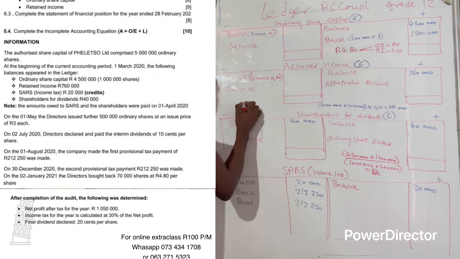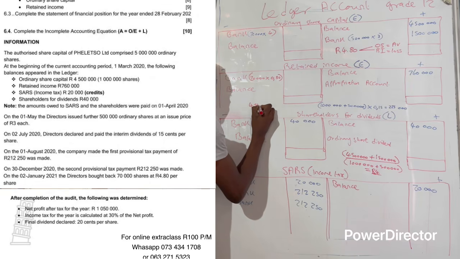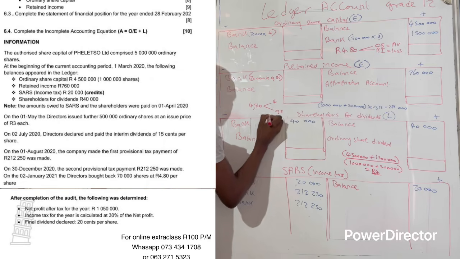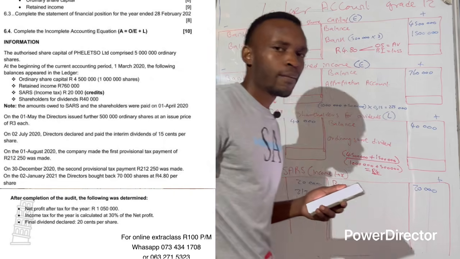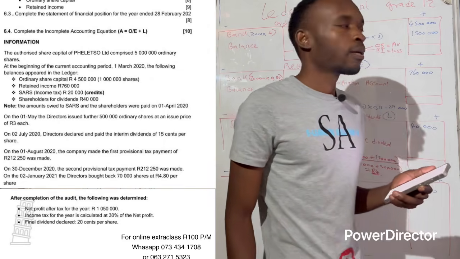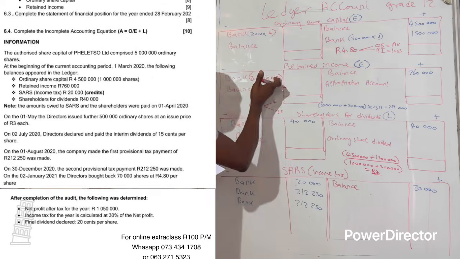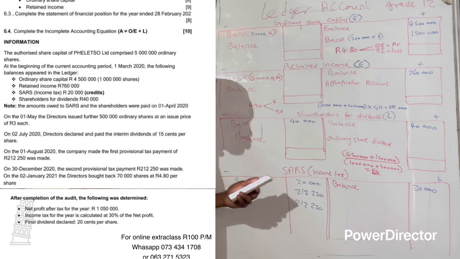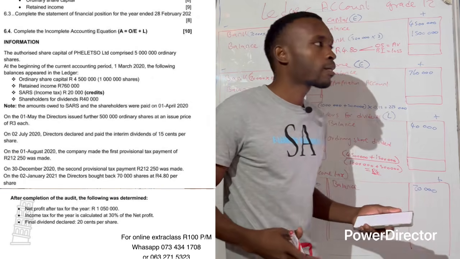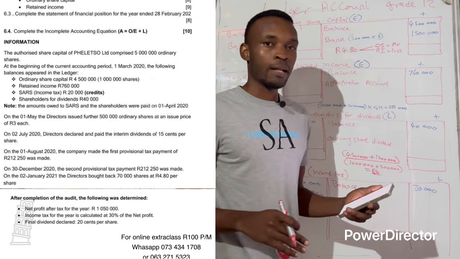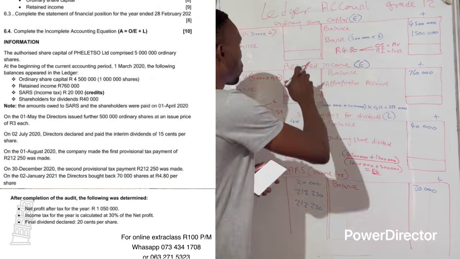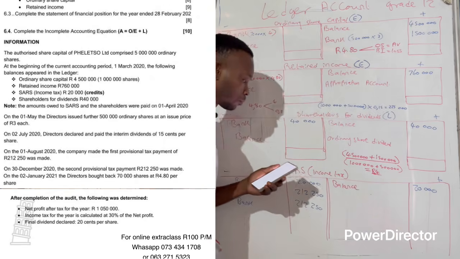You see now, that 4 rand 80 has been split into 4 rand and 80 cents. That's how it works, guys. A loss is recorded here in retained income. The loss reduces retained income. The average is the normal price that we use to sell that share before.